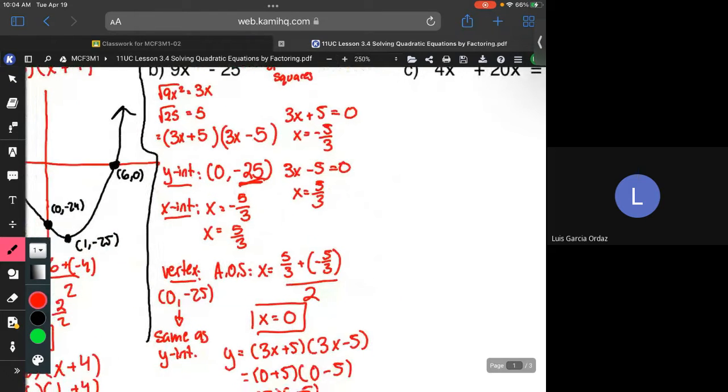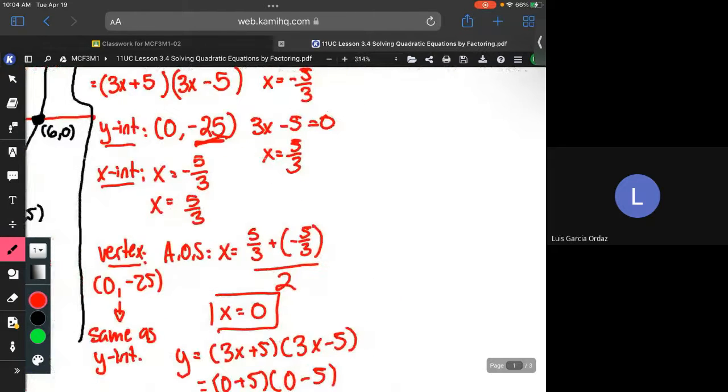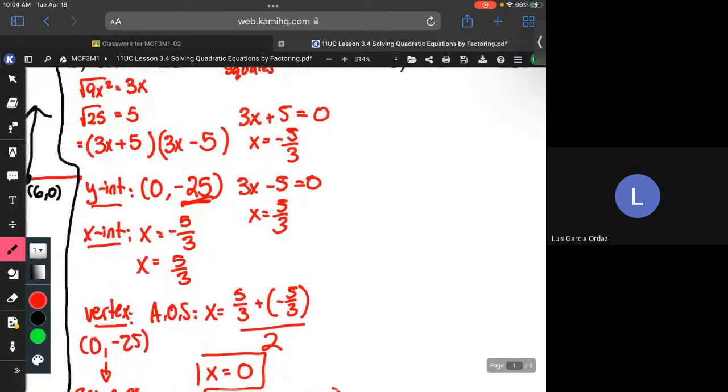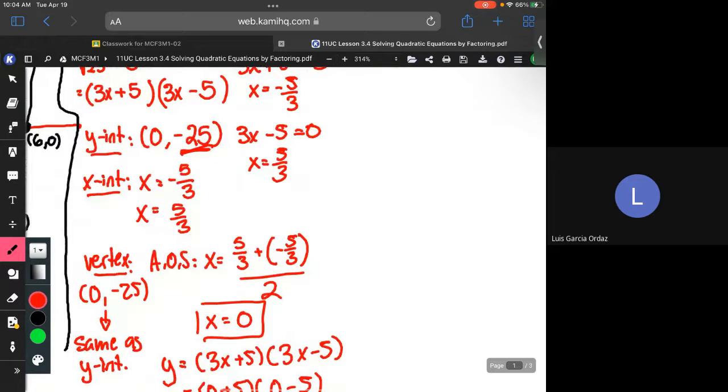How would you graph a negative 5? It's 1.66, right? Yeah, you just convert it to a decimal and then just graph it.